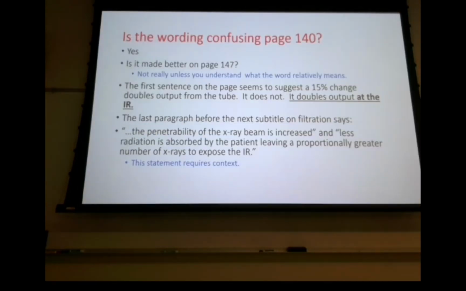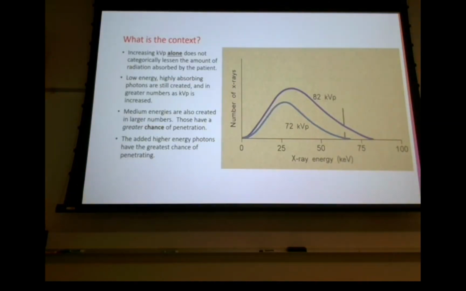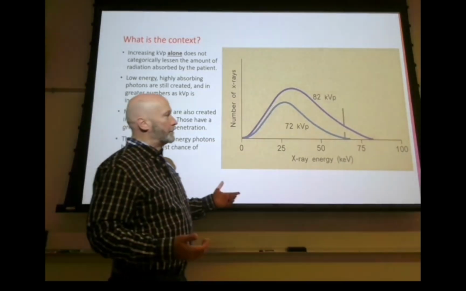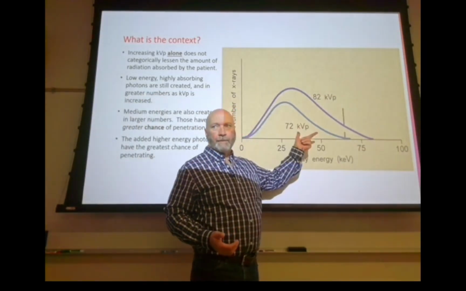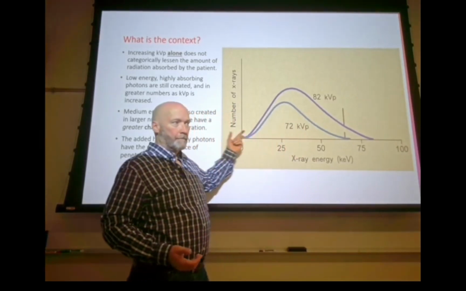So the statement I said requires context. Increasing kVp alone does not categorically lessen the amount of radiation absorbed by the patient. Increasing kVp, if that's the only thing that you do, then absorption in the patient is going to go up, right?